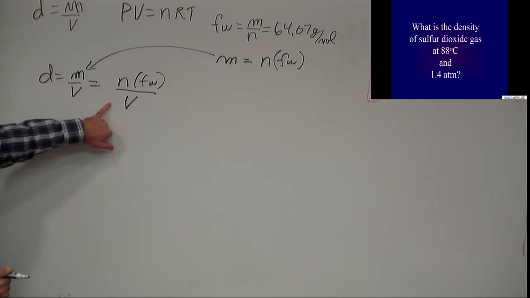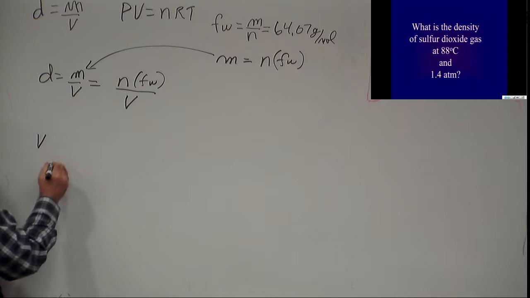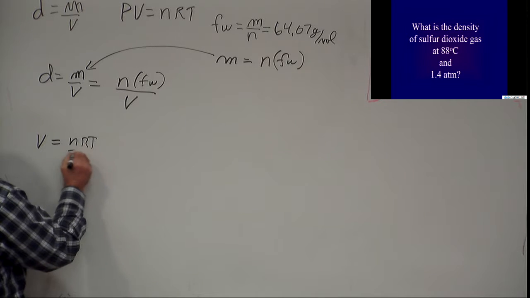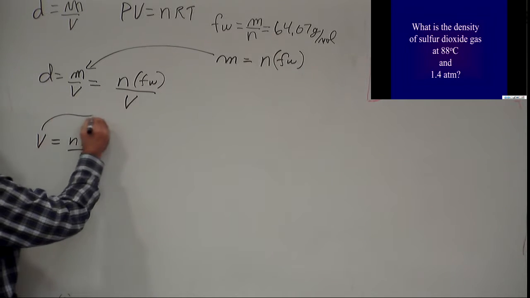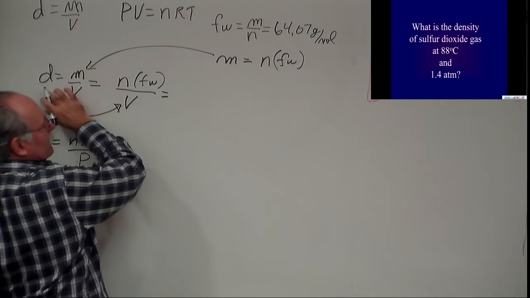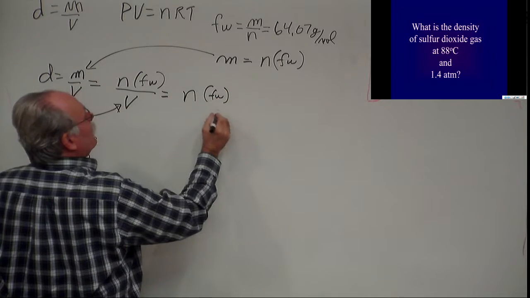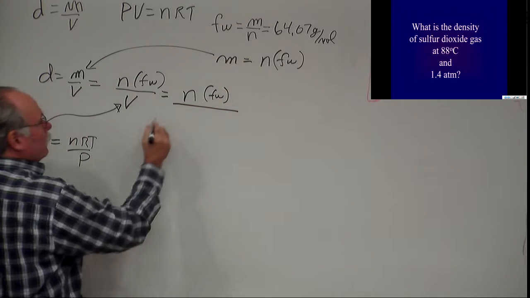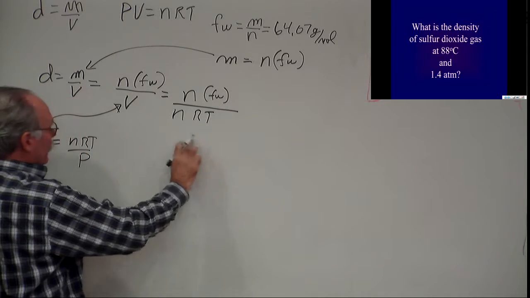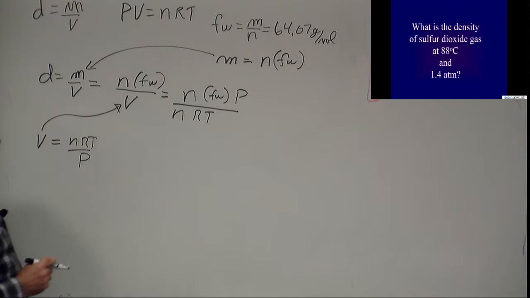Now I need to get rid of the volume. If I rearrange the ideal gas law, V equals nRT over P. So I now substitute this in, and I get that the density is equal to the moles times the formula weight all over the moles times RT over P. But P is in the denominator of the denominator, so I move it up to the numerator.